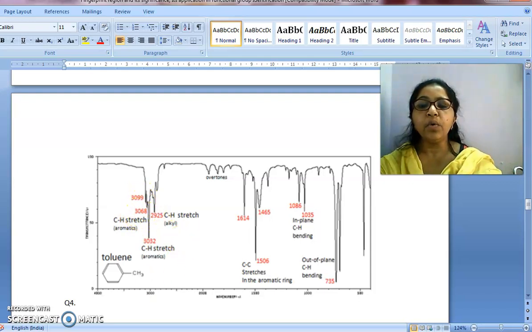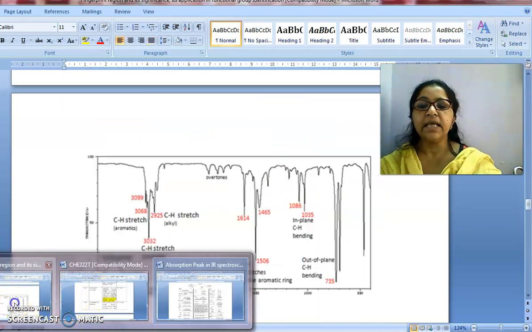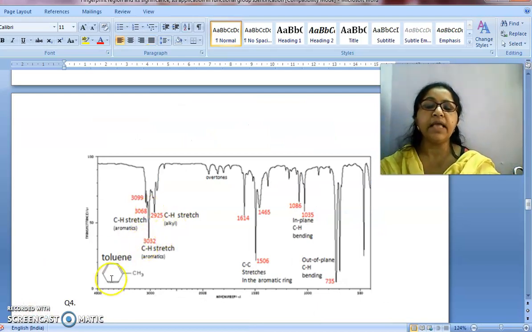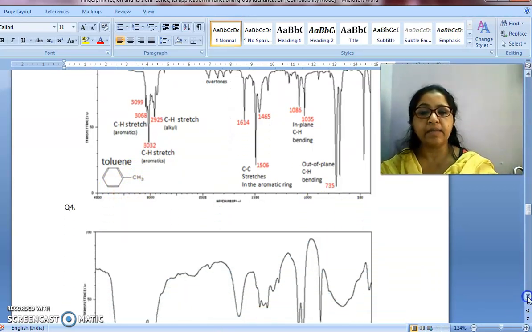If you go into the data, the data will tell you that it is definitely having an aromatic ring along with an alkyl group bonded to it. So it is not benzene, but it is a higher derivative of it. It can be toluene.